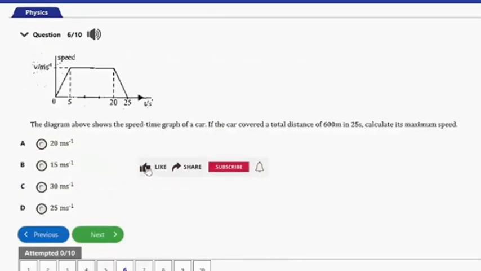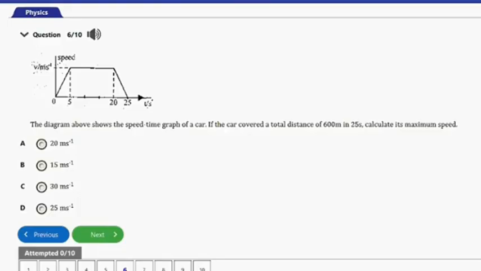The next question we have here is question number 6. It says, the diagram above shows the speed time graph of a car. If the car covered a total distance of 600 meters in 25 seconds, calculate the maximum speed. Alright, so guys, for this question here, considering the diagram we have here, we see the car moving in different time intervals here from 0 to 5 seconds, from 5 seconds to 20 seconds, and then from 20 seconds to 25 seconds.